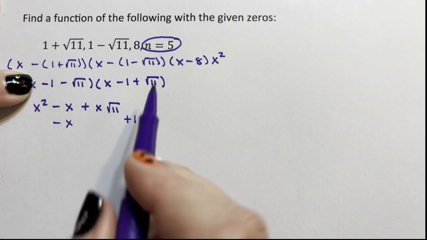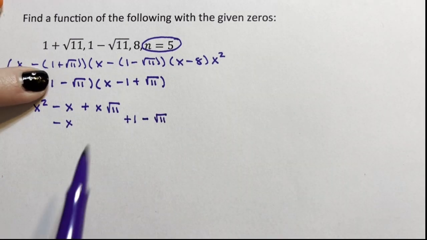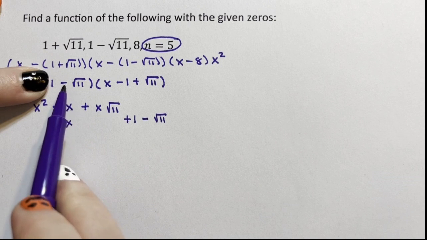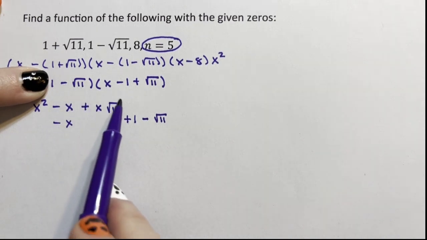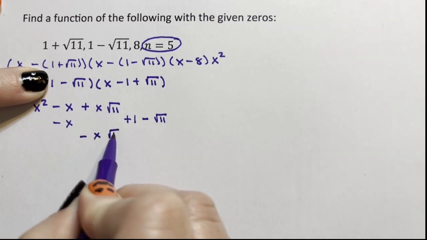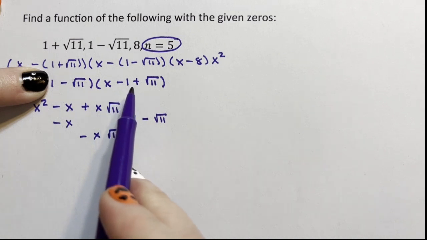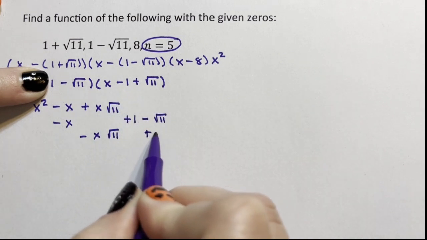There's no like term here, so I'm going to say minus root 11. Now I'm going to move to the root 11. Negative root 11 times x has a like term right here, so I can say minus x root 11. Negative root 11 times negative 1 is plus root 11, which I can put right here.